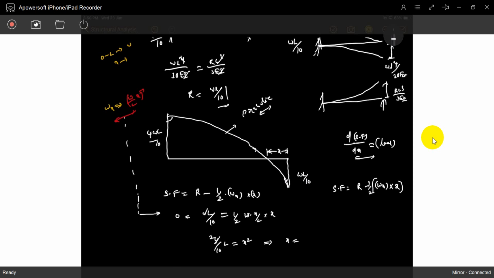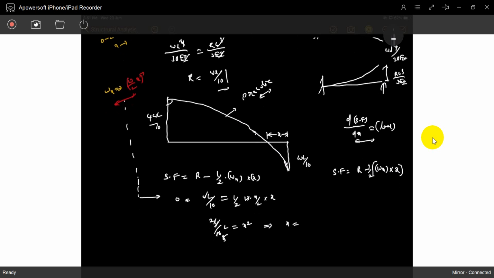Half into WX into X. So 1 by 4, and so X is 2 by 5 L. Or L square?